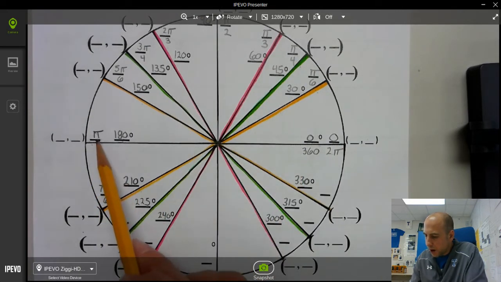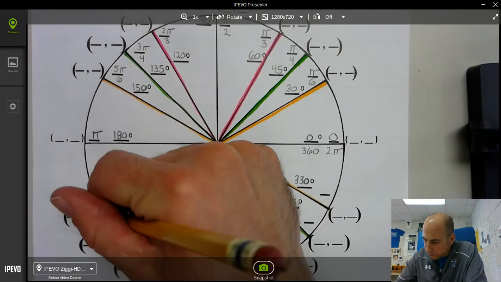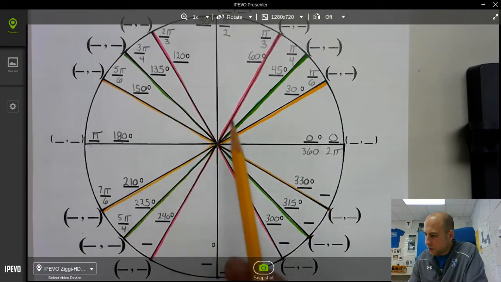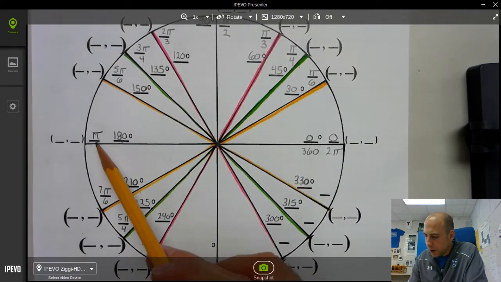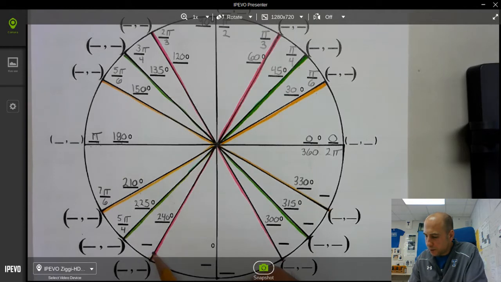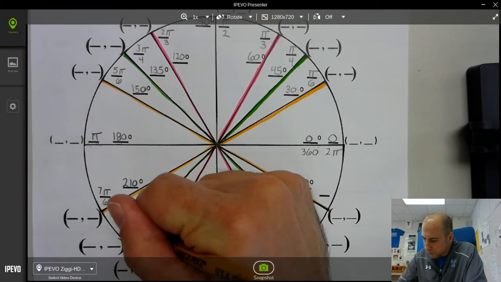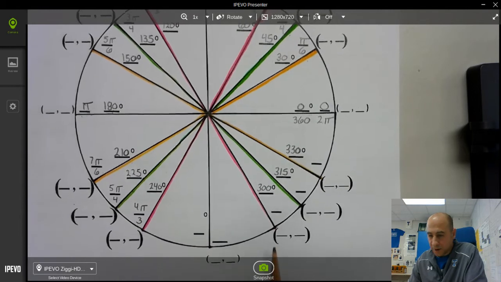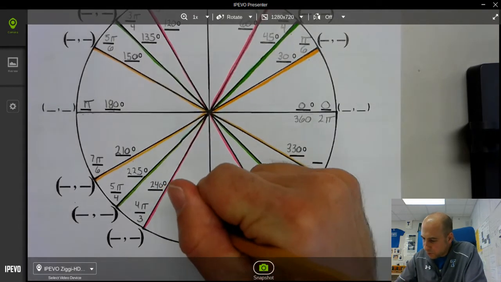So we take pi plus pi divided by 4, which is 5 pi divided by 4. And then here, this is pi divided by 3. So pi plus pi divided by 3 is 4 pi divided by 3. Okay. And I almost forgot that this is 270 degrees.